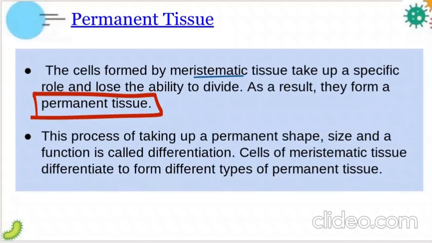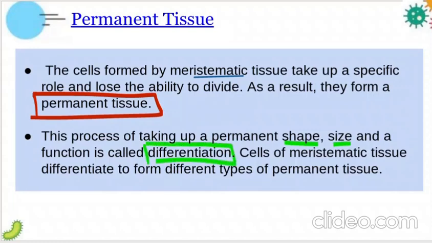Similarly in plants also, the meristematic tissues, at a young age, keep on dividing, but after that these meristematic tissues are converted into permanent tissues. Okay, now this process of taking up a permanent shape, size, and function is called differentiation.